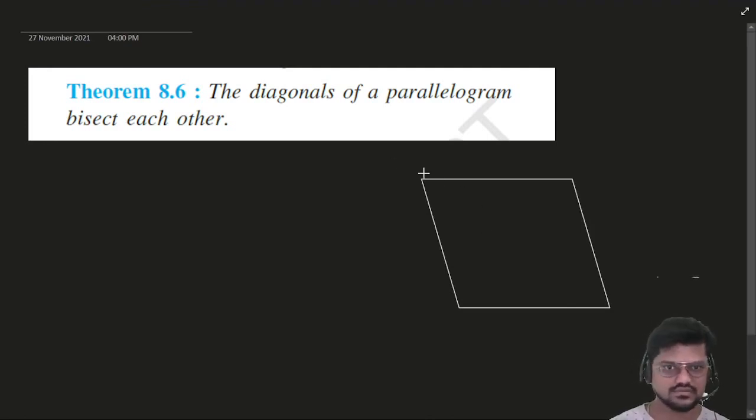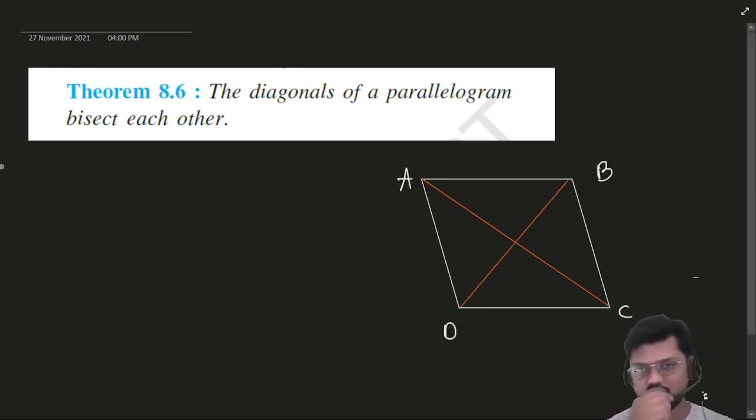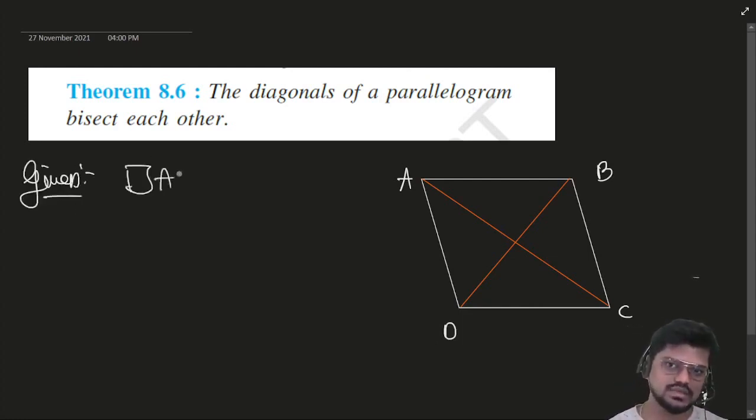That means if I draw the diagonals, what you have to prove is that the diagonals are bisecting each other. That is, if this is A, B, C, and D. Now, what is given in this case? The given thing is quadrilateral ABCD is a parallelogram.